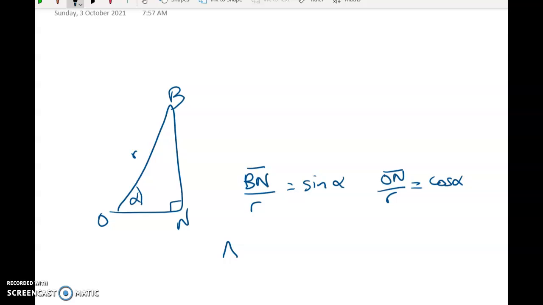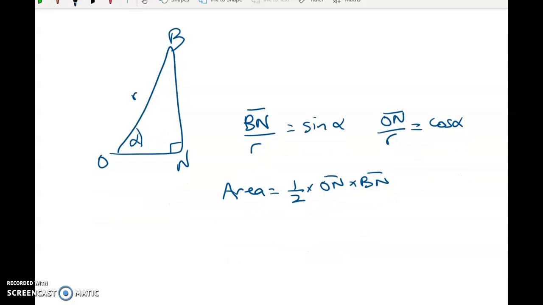And the area of that shape is equal to half the base times the height. So it's half of ON times BN, which is equal to half of R sine alpha, R cos alpha. So that's switching BN and ON, but that's okay. So that gives me a half R squared sine alpha cos alpha.